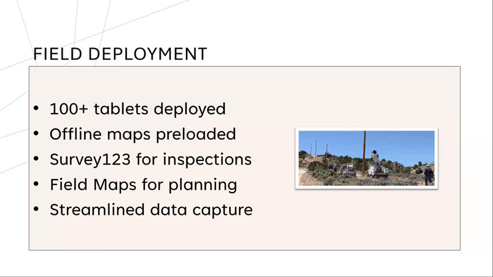Then we have Survey123 for inspections, Field Maps for more of the planning and seeing where the assets are. Once they get to that location, they click the hyperlink from Field Maps and open up Survey123, which allowed us to control where we take pictures and how we take pictures, and that's really what we have, right?